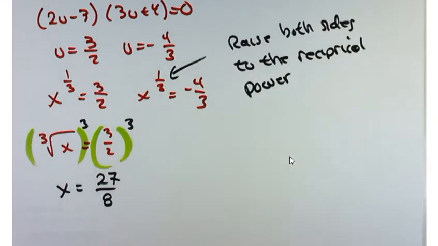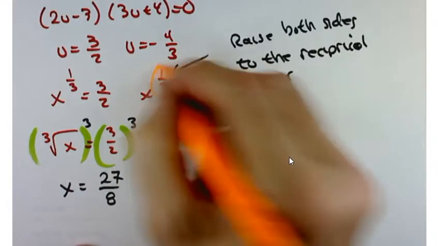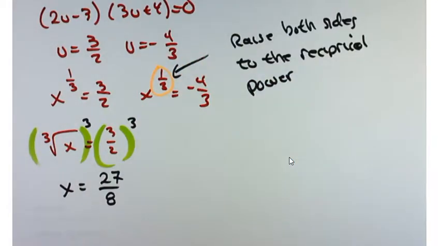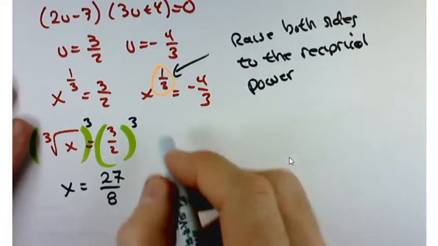So in this case, I've got x to the 1/3. What's the reciprocal of 1/3? Three. Yeah, so you'd be cubing both sides. So the quick thing to do in solving these things is raise both sides to the reciprocal power.